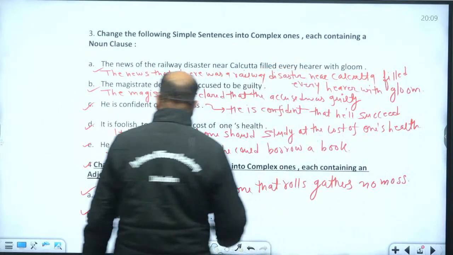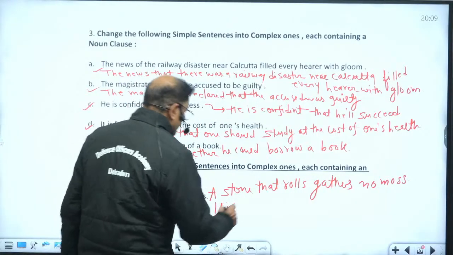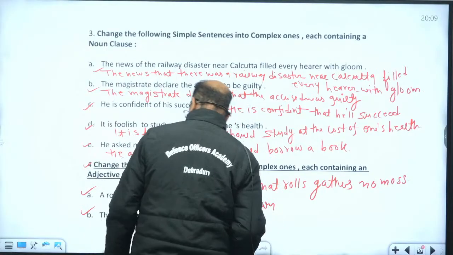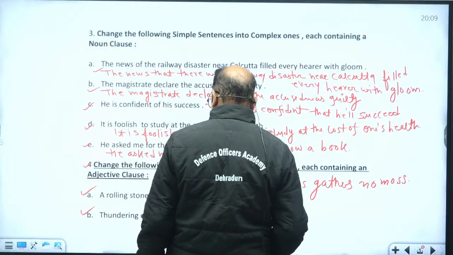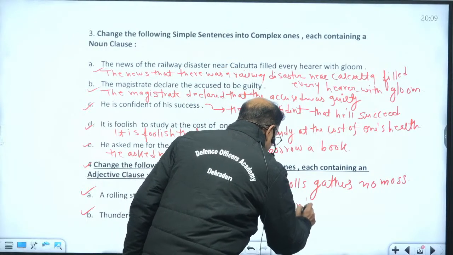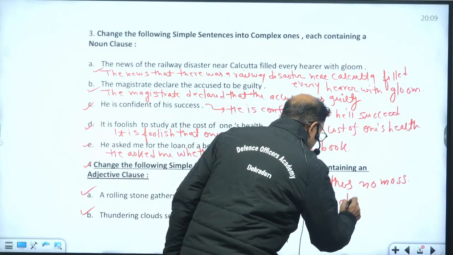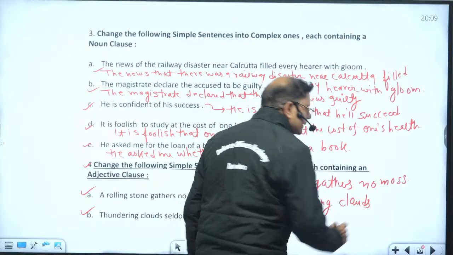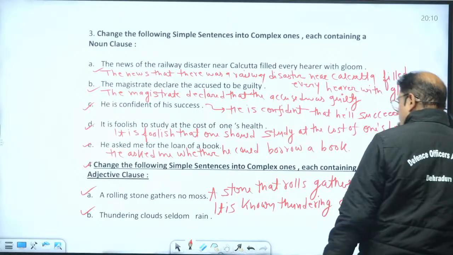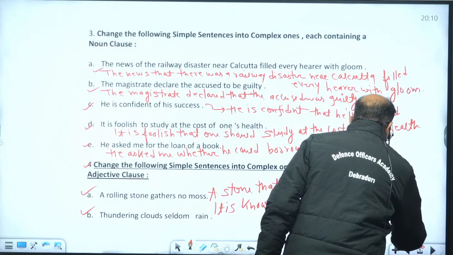It is known that thundering clouds seldom rain.